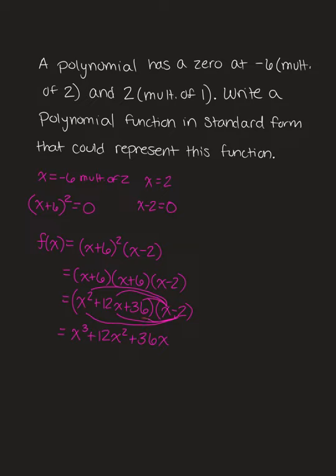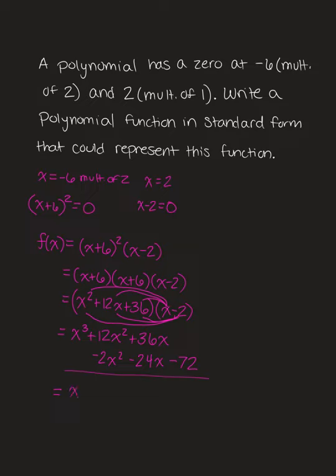Okay, and then I'm going to line up my like terms. So I have −2x² − 24x − 72, right? Yes. I'm going to add my like terms.